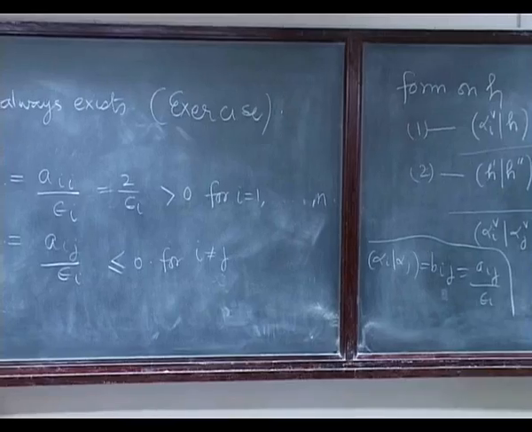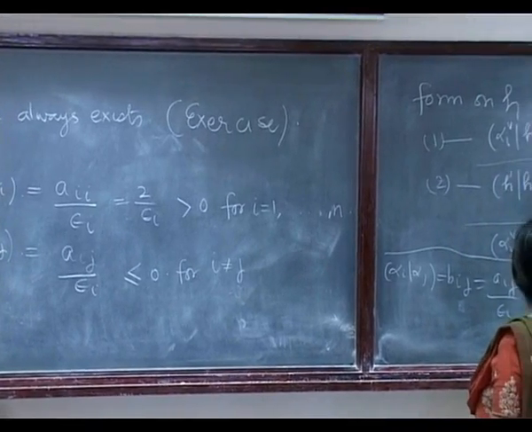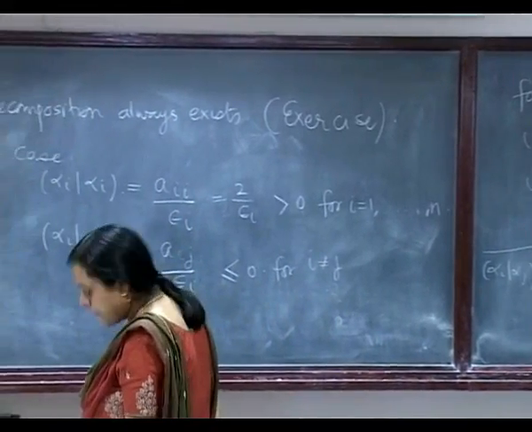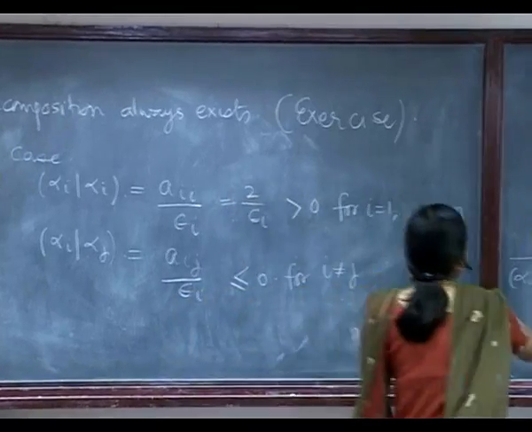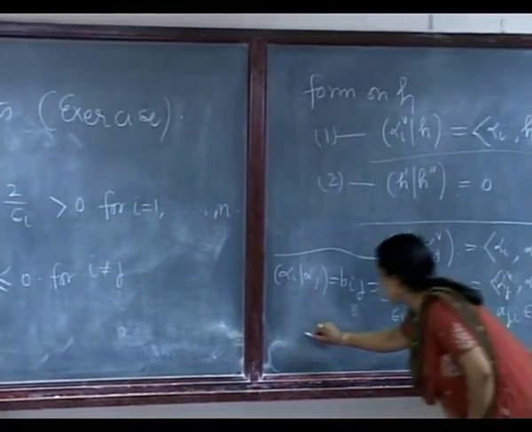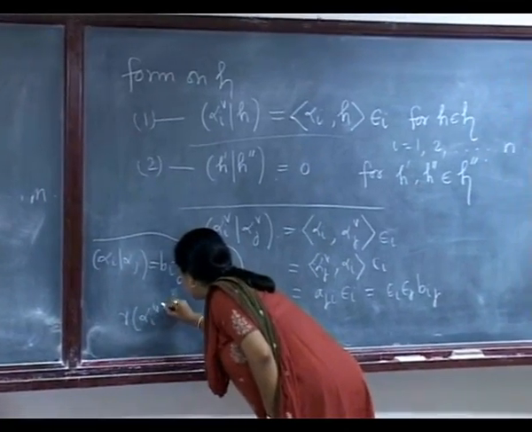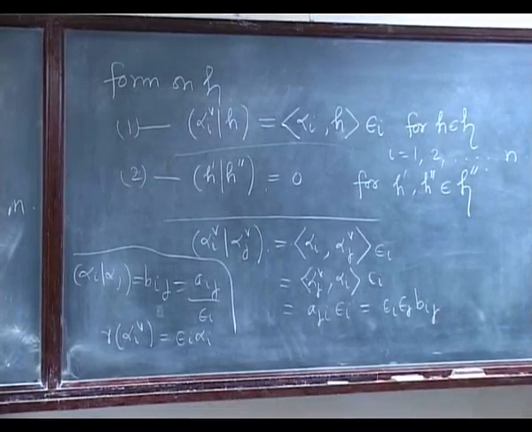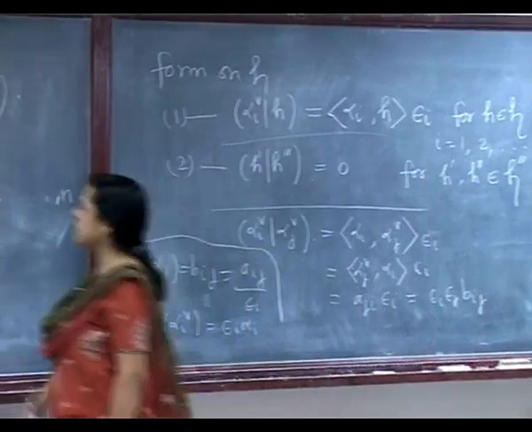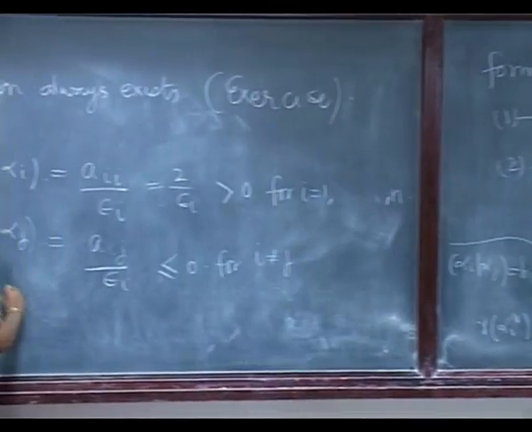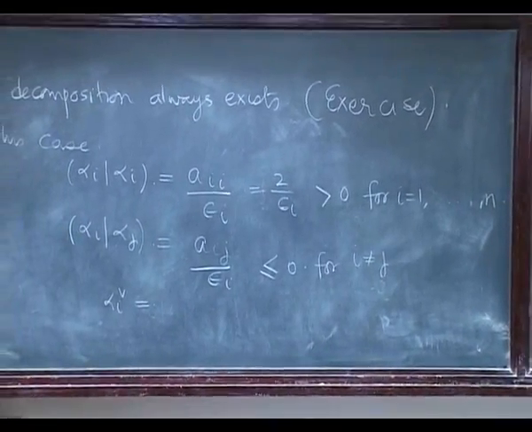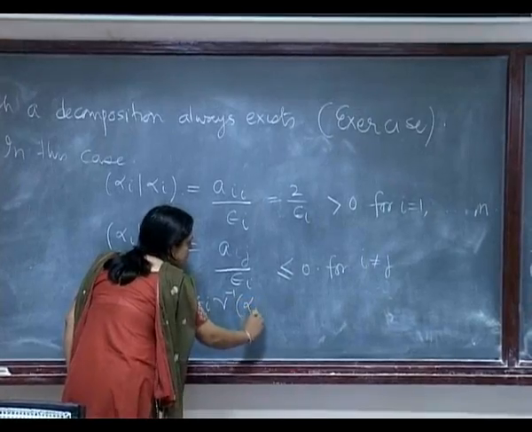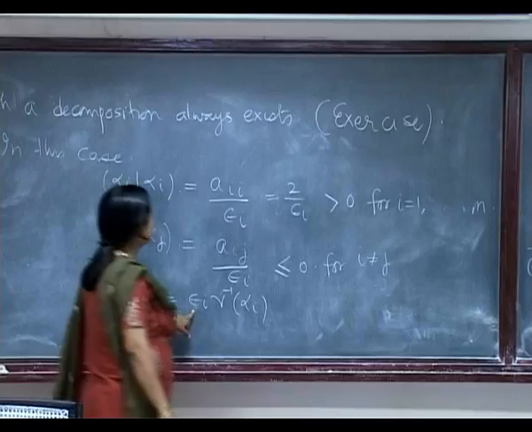All right. And what can we say about alpha I check? We proved something else also. So nu of alpha I check is epsilon I alpha I. So from here, alpha I check is epsilon I nu inverse alpha I. And what is epsilon I?